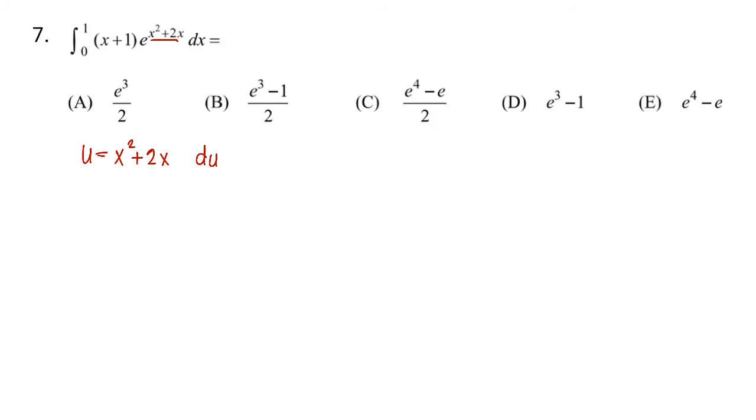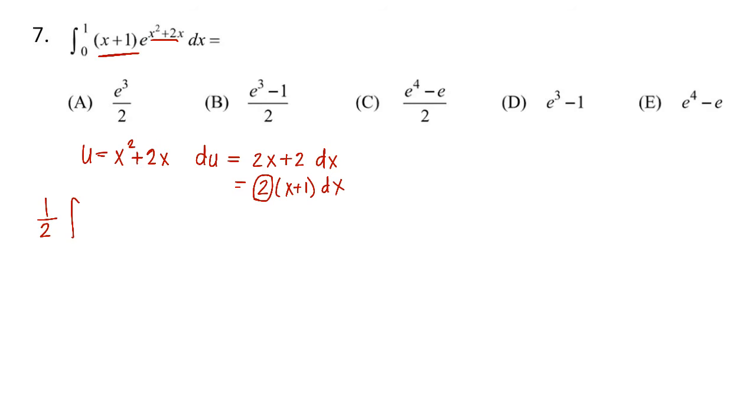So du is going to be 2x plus 2 dx, which is mighty close to what we need up here. We just need to factor out a 2, and notice we do have that x plus 1 there. So we need to balance our u sub with a 1/2. So we're going to have 1/2.